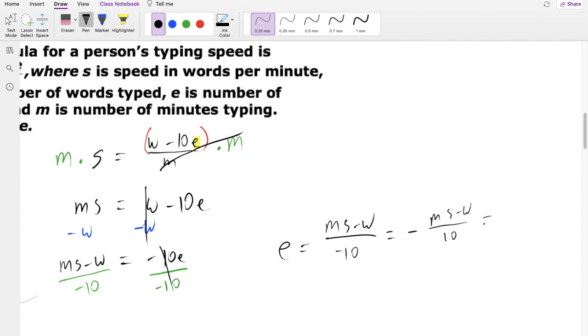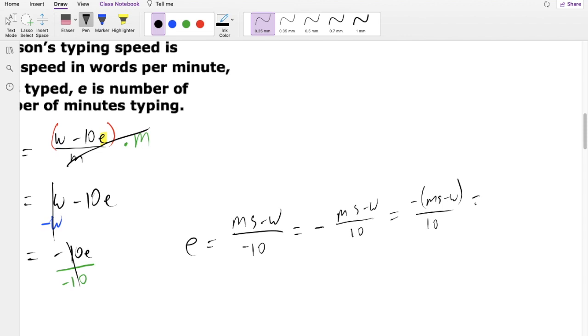Another way we could do this is we would actually distribute this negative. So I would distribute this negative to my numerator. So doing that, I get negative MS plus W over 10. So all of these mean the exact same thing.